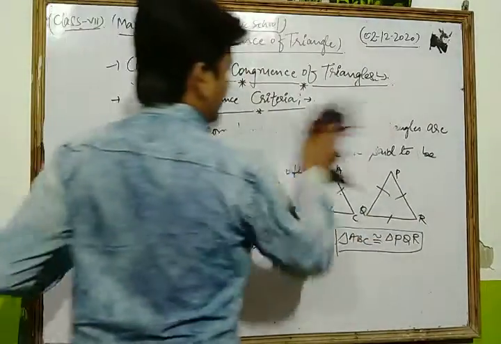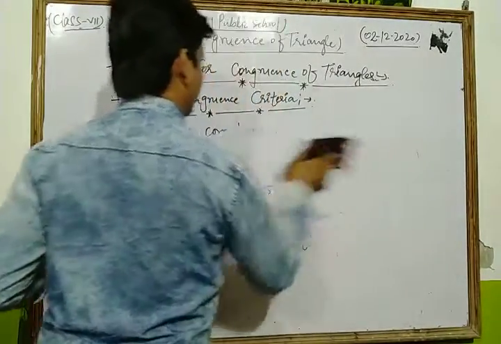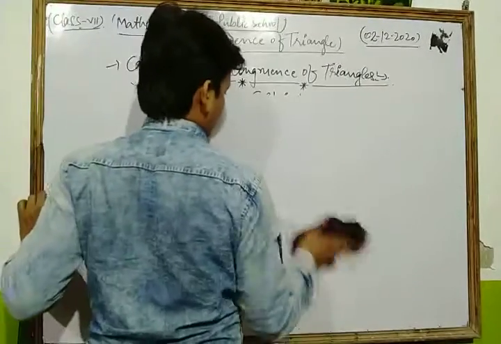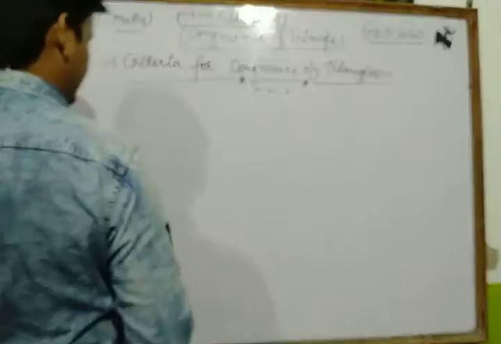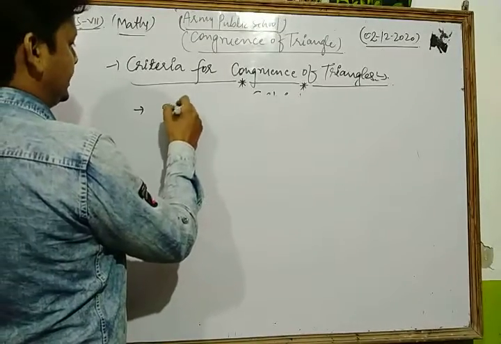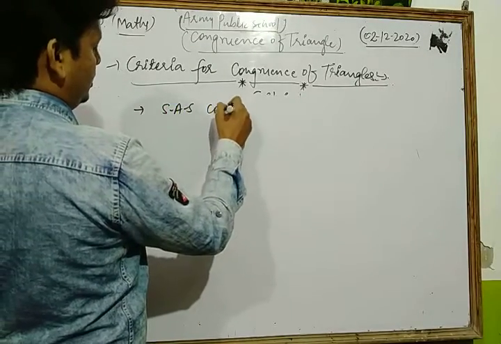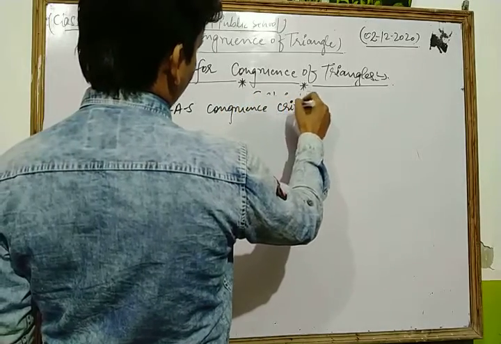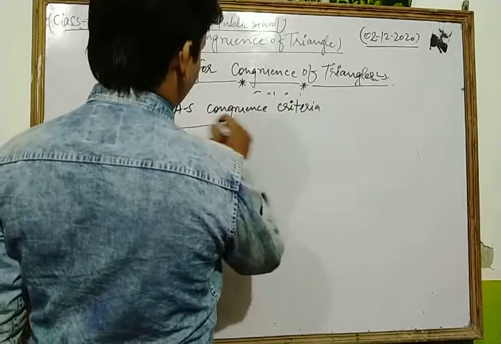Now, the second one is the SAS congruence criterion.